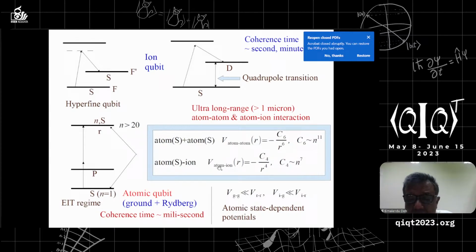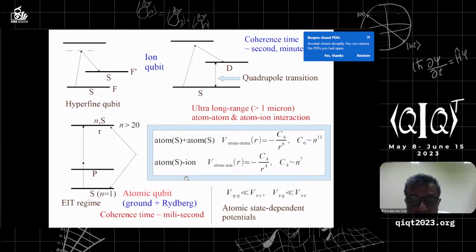But if this atom is a Rydberg atom, then C4 goes as n to the power 7. So this atom-ion interaction is also huge. If you take n as 20, then it will be 20 to the power 7 fold compared with the ground state atom-ion interaction.